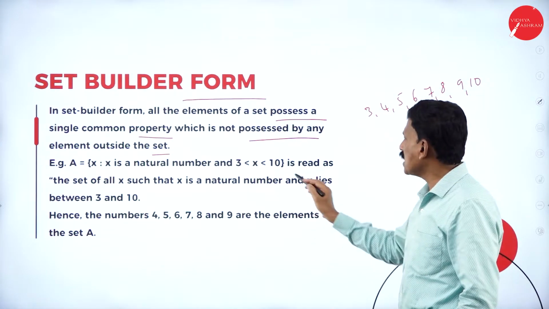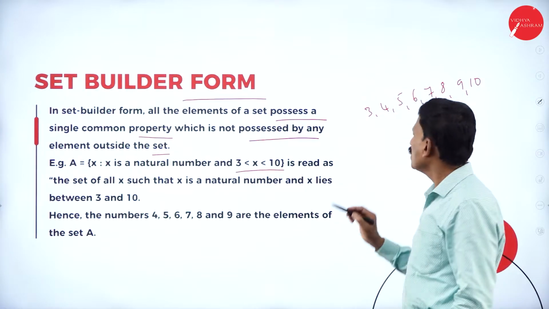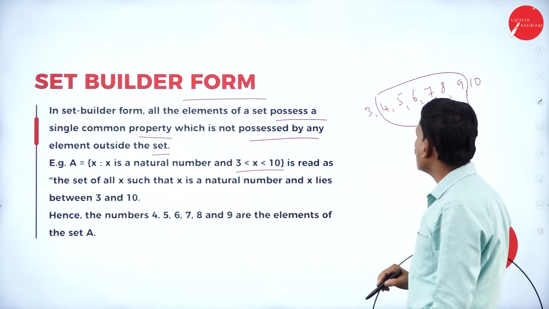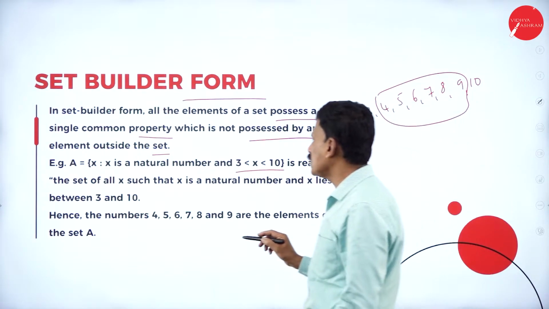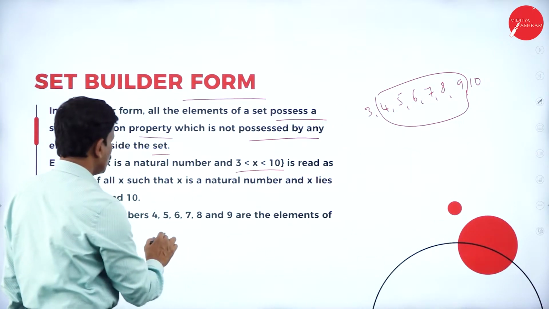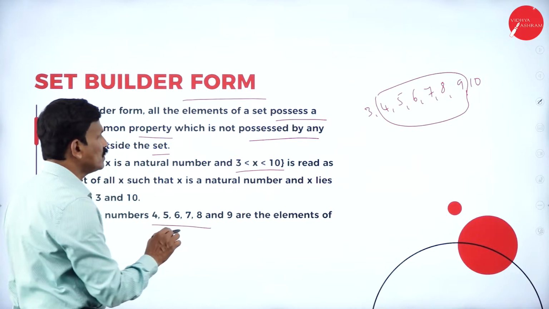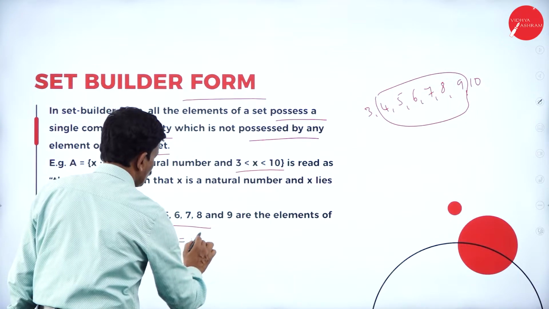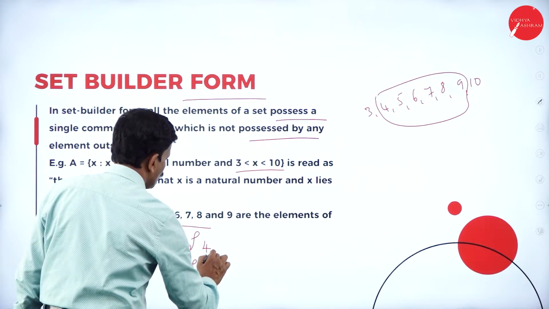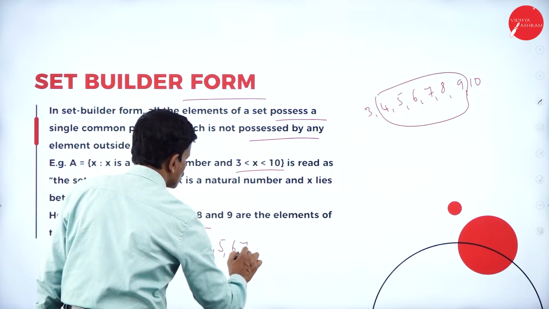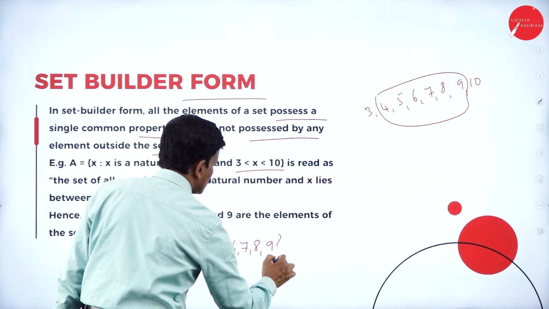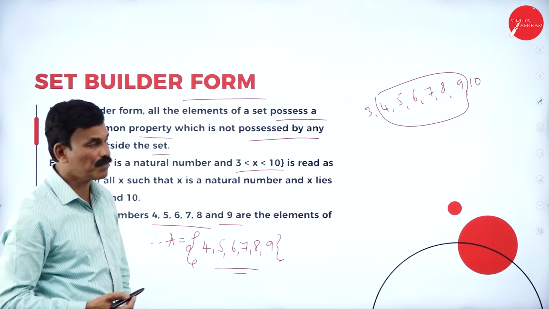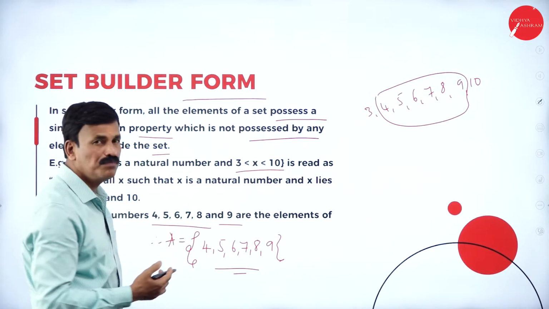So the elements which lie between 3 and 10, all the natural numbers, are 4, 5, 6, 7, 8 and 9, and they form the elements of the set. Therefore the set A is equal to {4, 5, 6, 7, 8, 9}. This type of representation is called the set builder form.